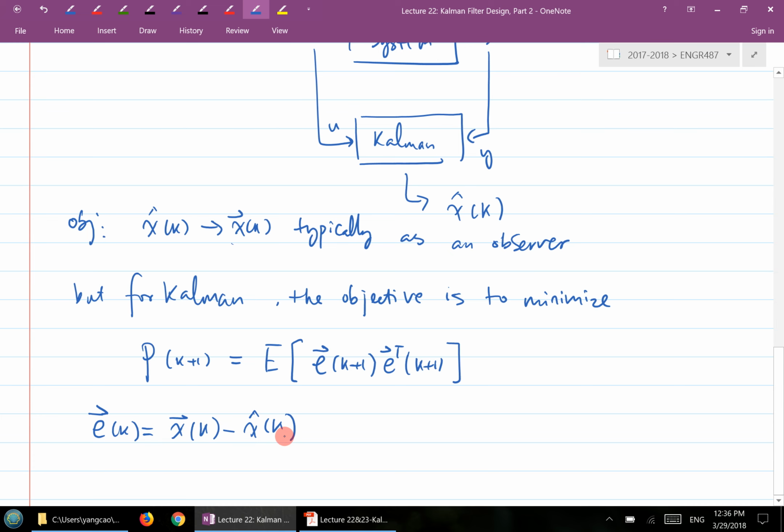This P is called the covariance matrix of e of k plus 1, so it is the covariance matrix for the estimation error.